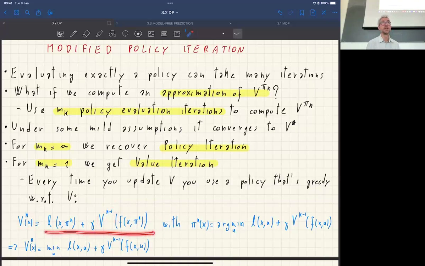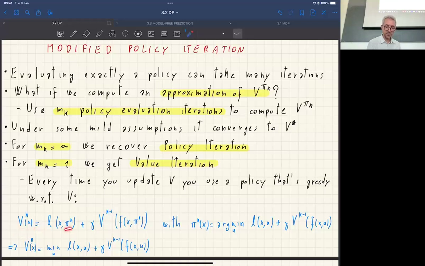So we apply the Bellman expectation backup operator. This is not written in the slides, this part in blue. So maybe you want to write it down. And this is the new value that you have.